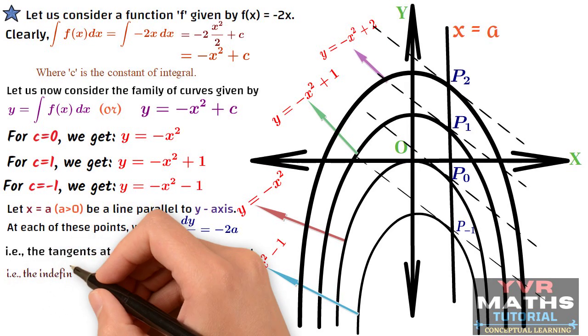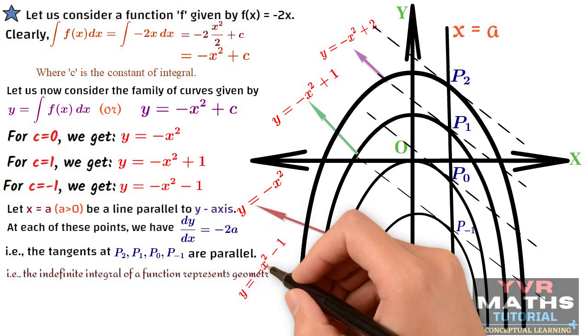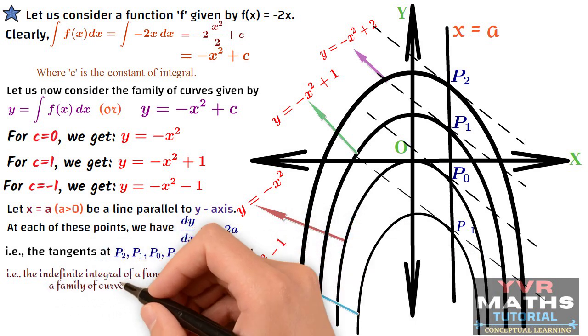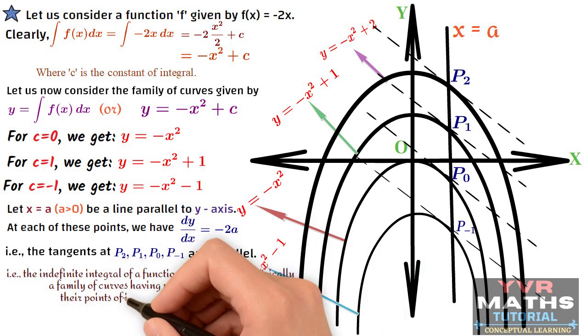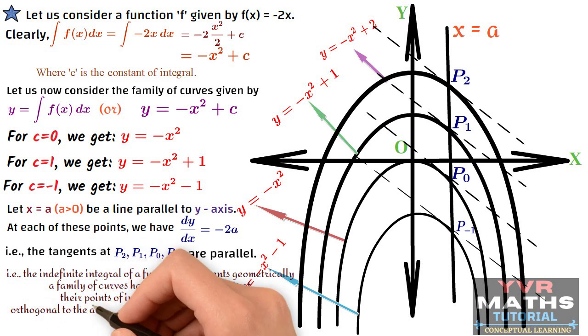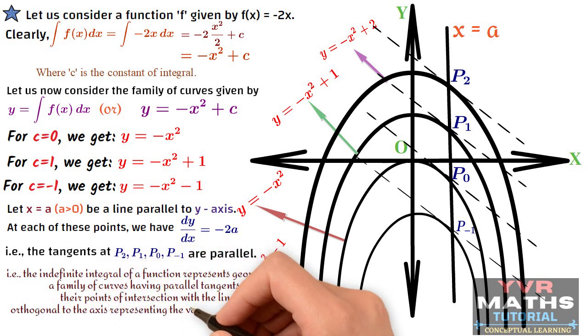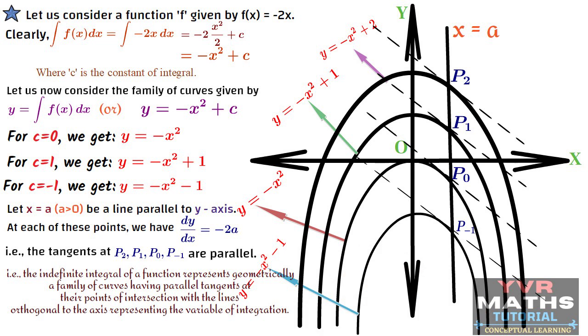The indefinite integral of a function represents geometrically a family of curves having parallel tangents at their points of intersection with the lines orthogonal to the axis representing the variable of integration. So this is about the geometrical interpretation of indefinite integral. I hope you understand the concept clearly.